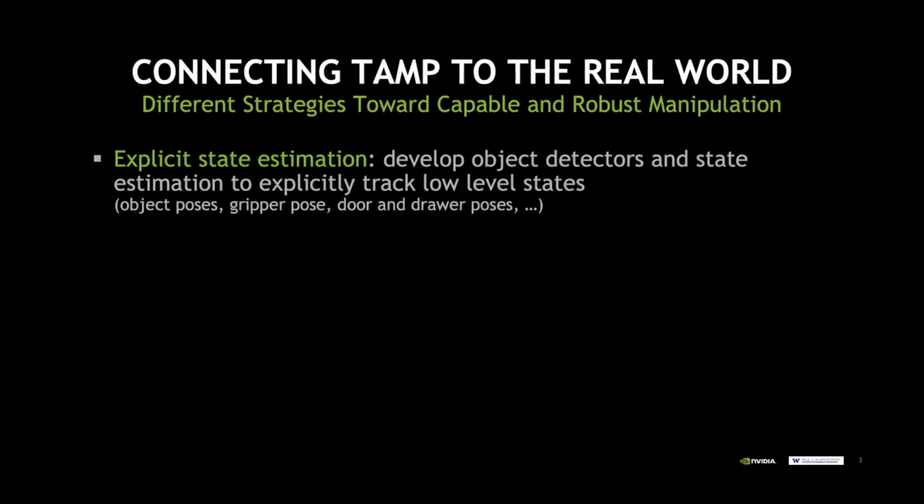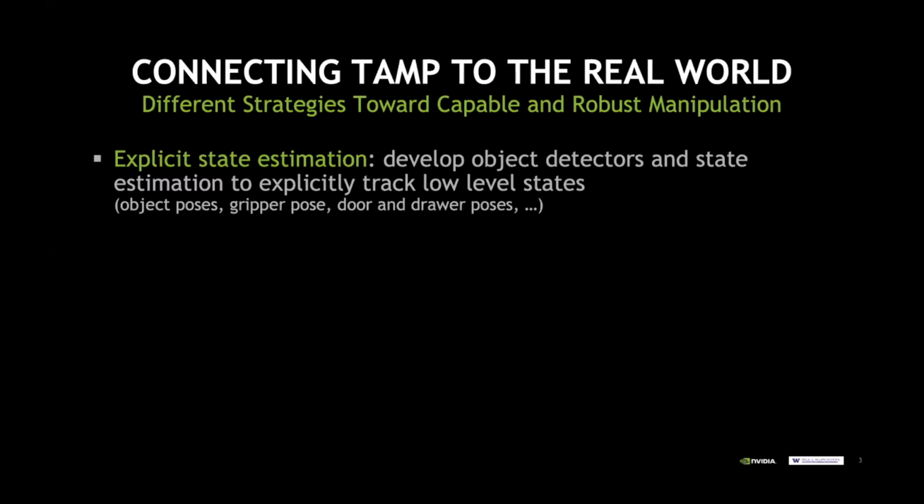And the approach here was to say, well, we'll just train object detection systems and tracking systems to explicitly estimate exactly the kind of states that the task and motion planner cares about. So when I mean explicit state estimation, I mean, for example, that we're really trying to estimate the 6D poses of objects. By 6D, I mean 3D position XYZ and 3D orientation.